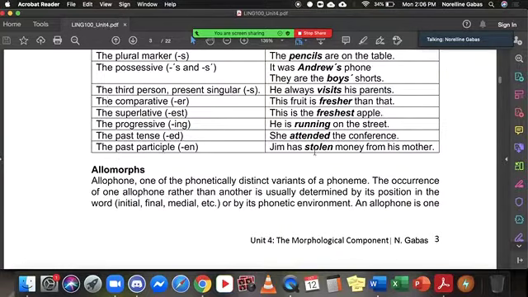Past participle, Jim has stolen money from his mother. So, EN, broken, taken, ano pa? Anything, pag past participle, has, have, and had. Then, the past participle.